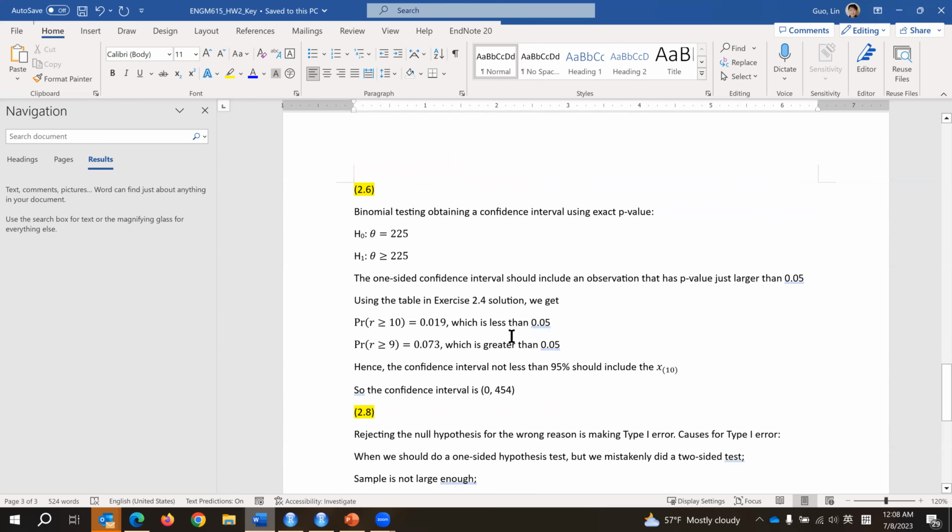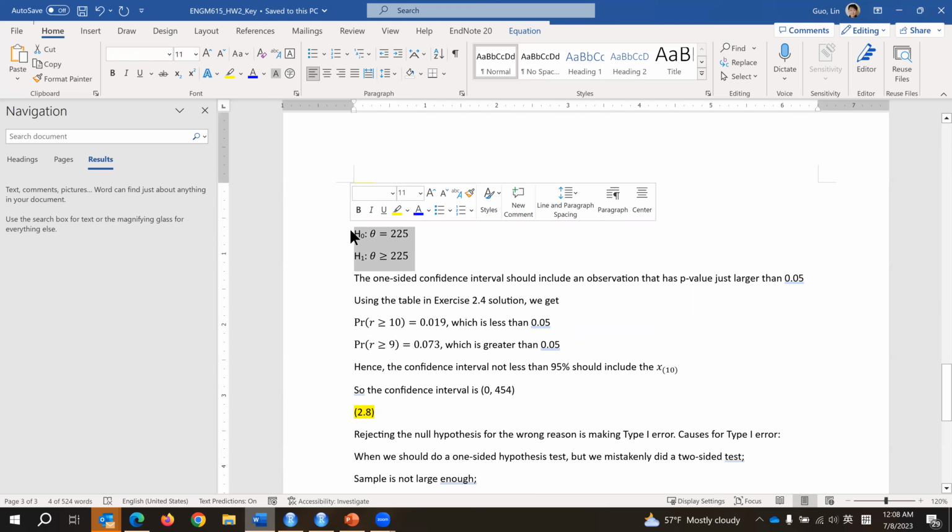Then 2.6. This time it specifies it should be a one-tail test. So you need to identify the probability of larger than or equal to a value, and when it covers 95%, it just covers 95%.